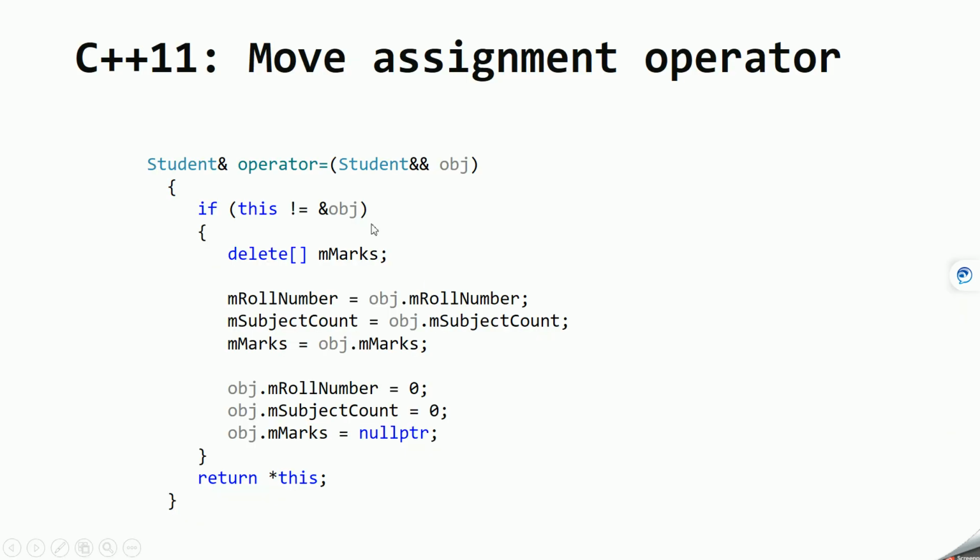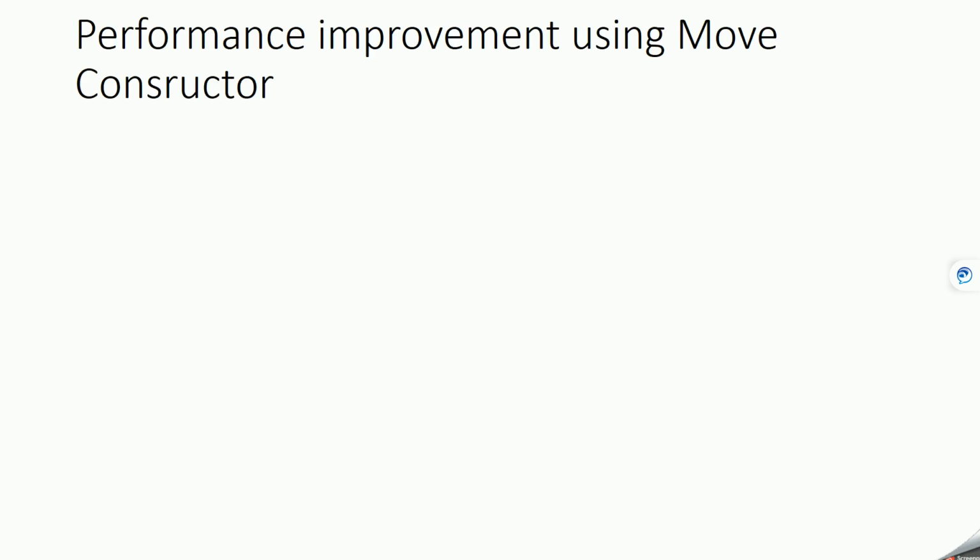Okay, now let's see one more real-time use case of a move constructor. So using a move constructor you can improve performance. Suppose you have a vector, and this vector's capacity is 100 elements. Basically it can store 100 elements.